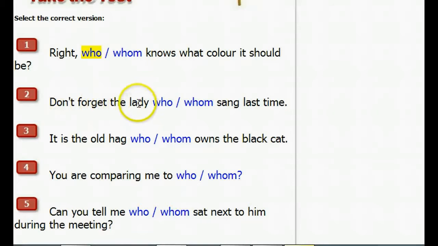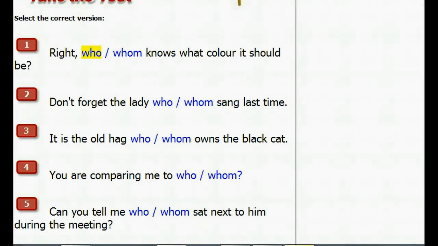Don't forget the lady who sang last time. All right. Now, here is a verb, sang. What is the subject of sang? What word here is the subject of sang? Well, one of these has to be the subject of sang. So again, what does it have to be?